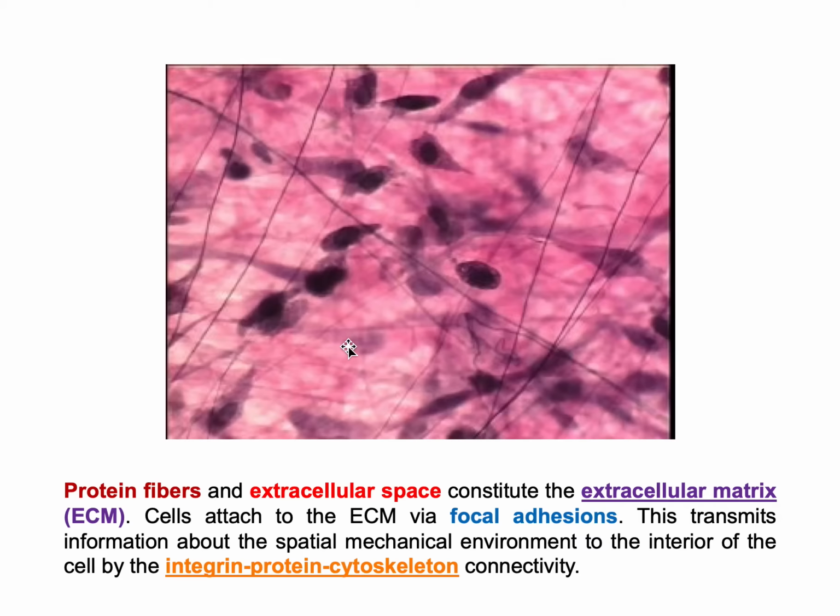Cells have to live in it in order to be functional and healthy, and they attach to it via the focal adhesion points, which transmit information about the spatial mechanical environment the cells live in. We'll talk more about this spatial mechanical transduction and how it's important. The interaction happens through integrins, proteins, and the cytoskeleton connectivity.